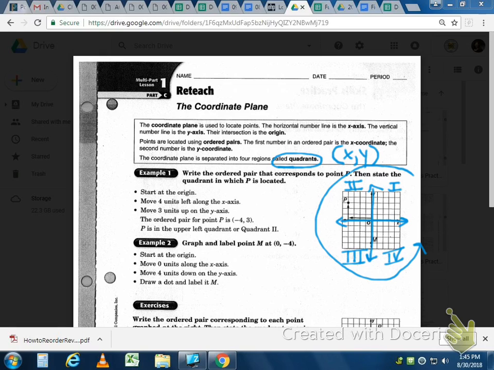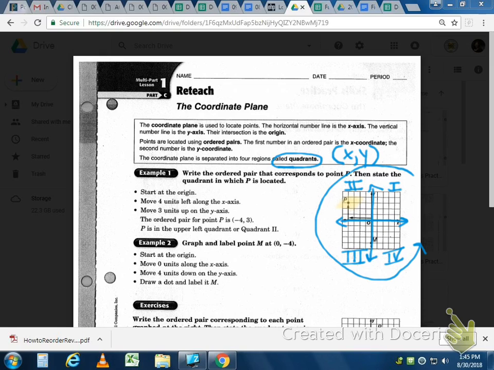All right, now this is showing some examples right here. It says example 1, write the ordered pair that corresponds to point P, then state the quadrant in which point P is located. Well, we're talking about that point right there that I highlighted.